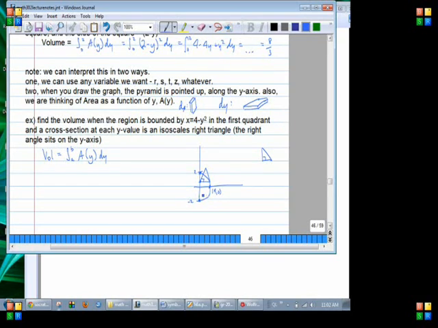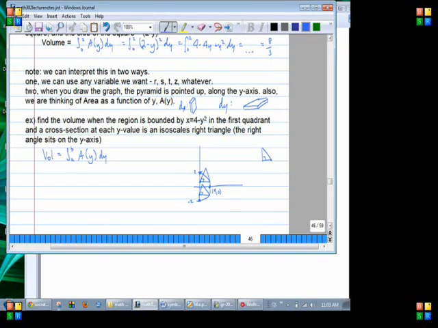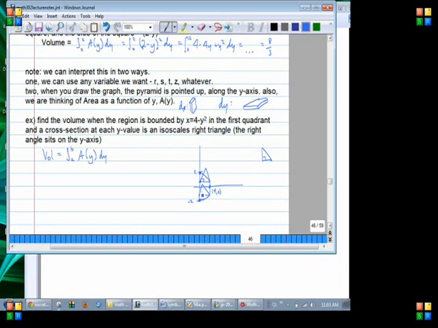So long story short is that at every y value, you're going to have some kind of right triangle. And again, imagine that these things each have a thickness of delta x, if that helps. And naturally, as you get closer to the ends, you're going to have smaller triangles.